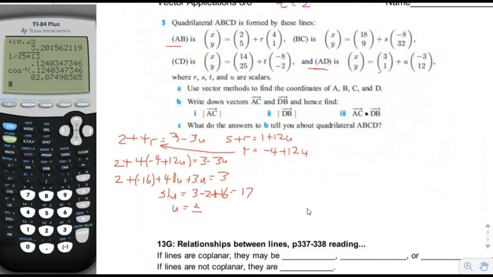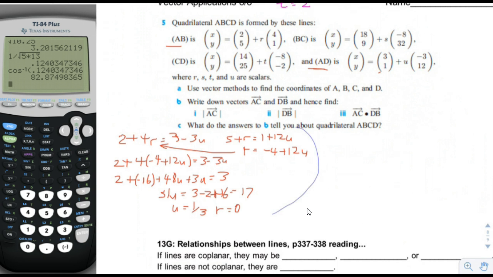No, it's 1/3. Right? 17 divided by 51 is 1/3. So u is 1/3. And r is equal to negative 4 plus 12 times u, so it would be negative 4 plus 4, so r is equal to 0.